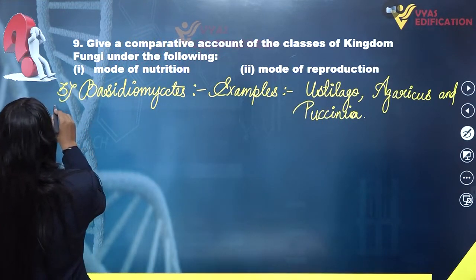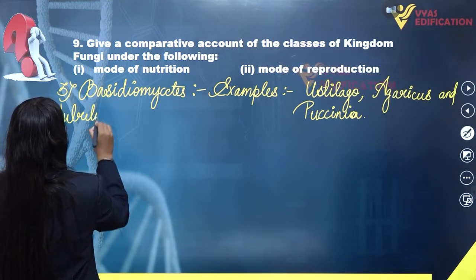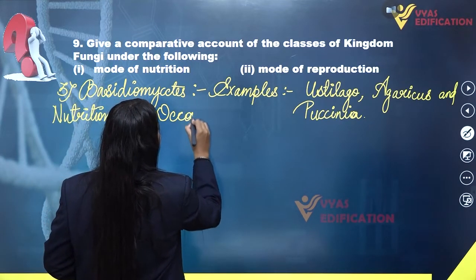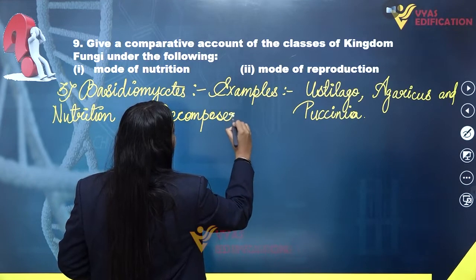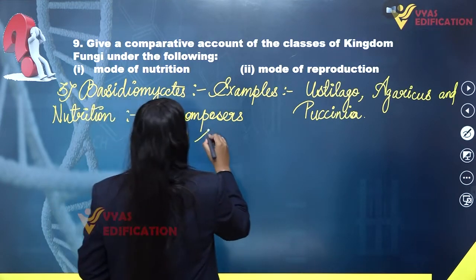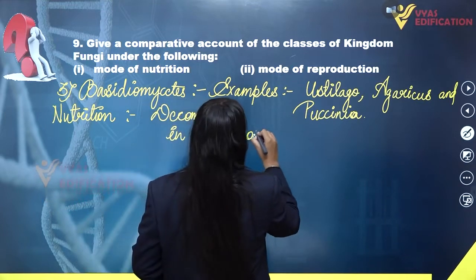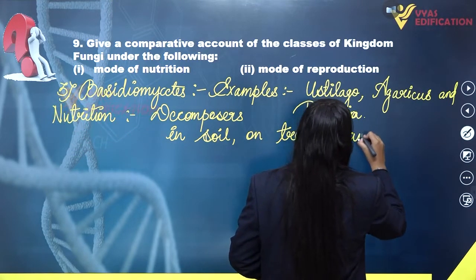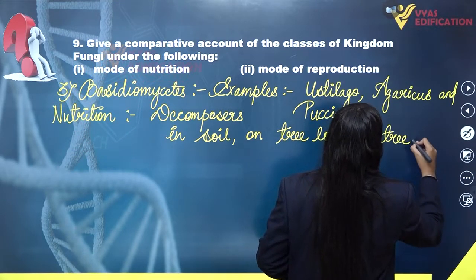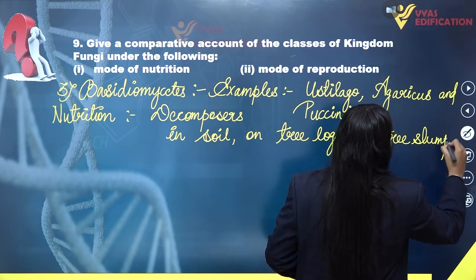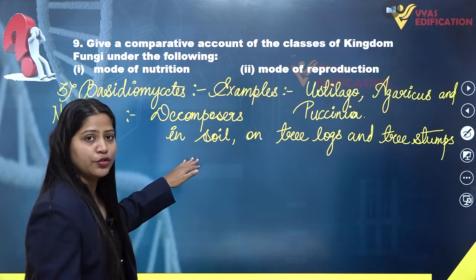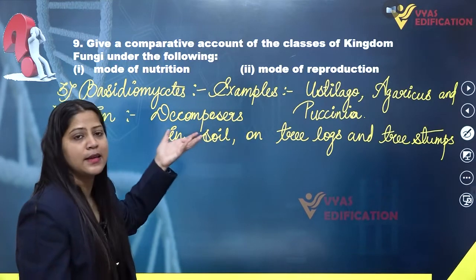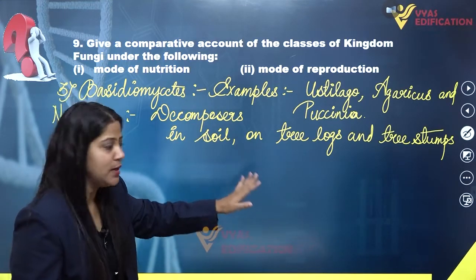If we talk about the mode of nutrition in them, they can be decomposers. They can be decomposers in soil, on tree logs and tree stumps.